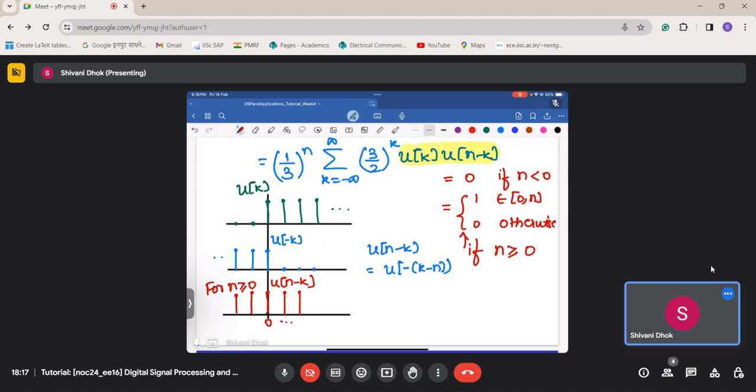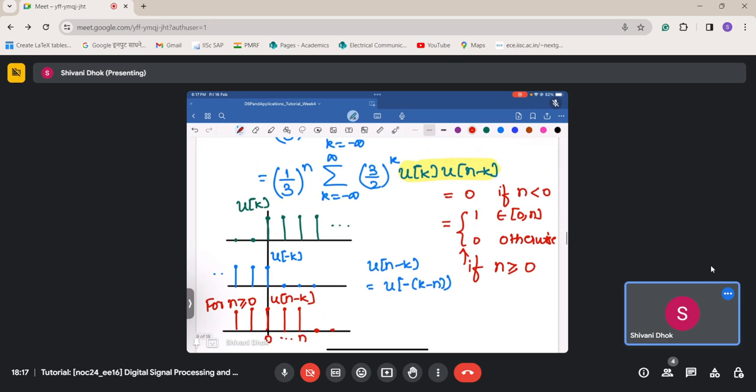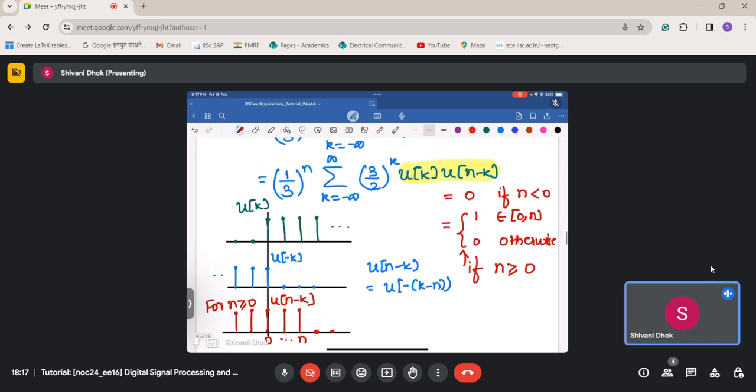This is 0, this is n, then after that it will be 0. Okay, so now the multiplication of these two signals will be non-zero only for a range of 0 to n, otherwise it will be 0. I hope this is clear.